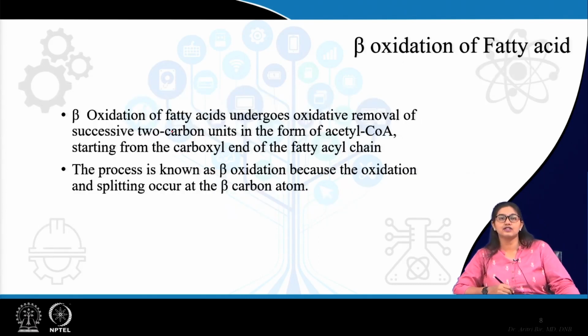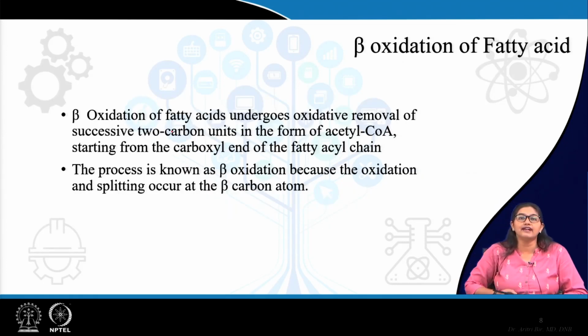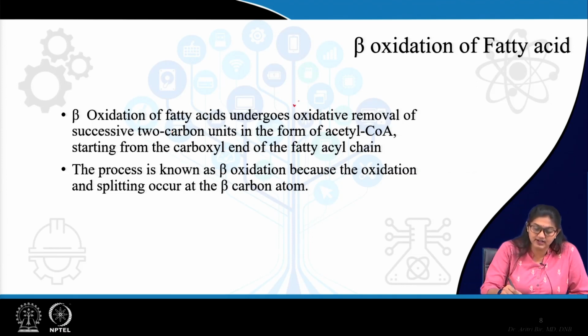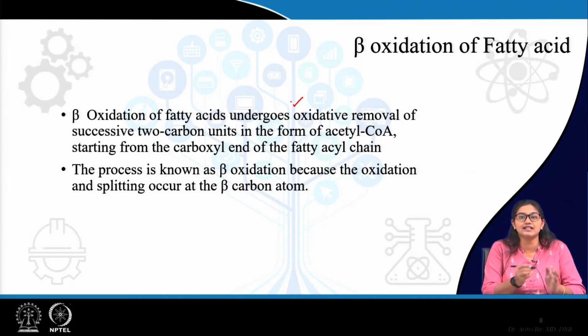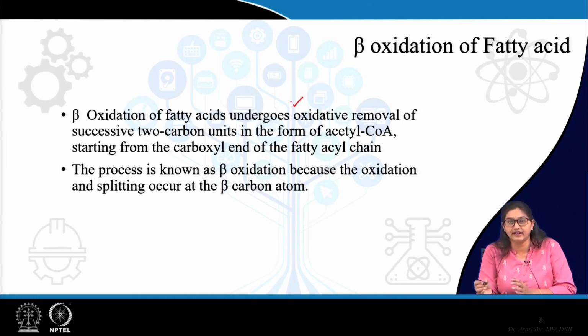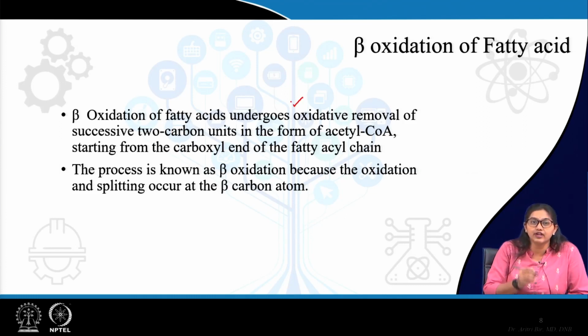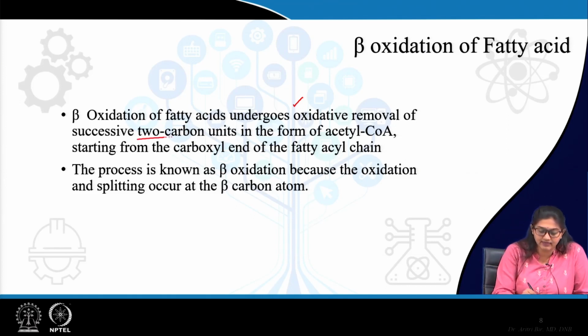Now, what is beta oxidation? Beta oxidation of fatty acid is basically oxidation of the carbon positioned in the beta region. Remember, beta oxidation is breaking down of fatty acid. So, there is oxidative removal of successive 2 carbon units.